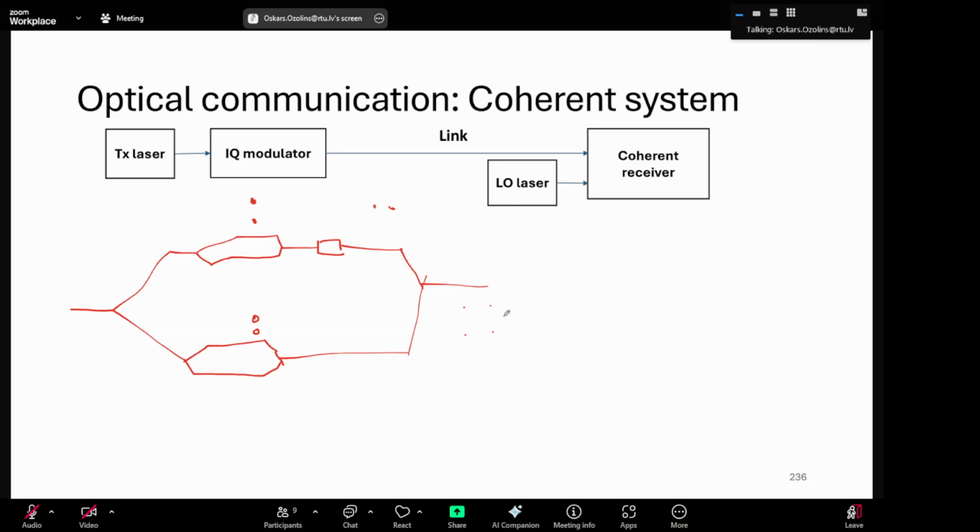In this way, your symbol length is the same, which means you have 2 bits here and 2 bits there. So you can double the capacity just by adding a bit more complex modulator. You get four symbols.